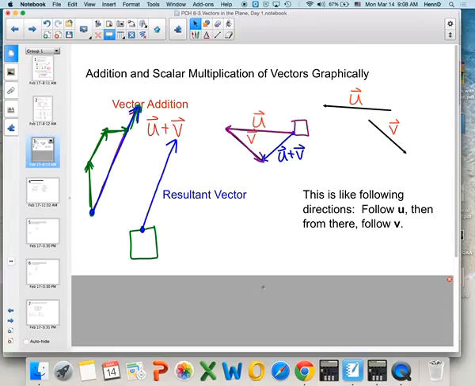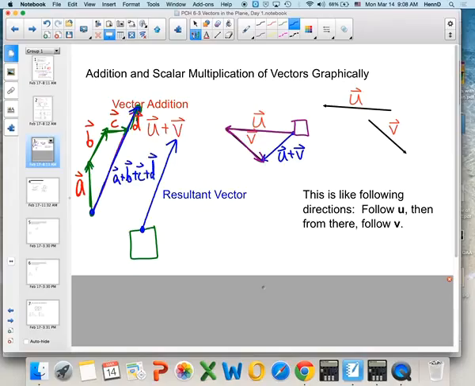So that's vector addition. When you're given two vectors, or more than two vectors, let's say we had, let's avoid u, here's vector A, vector B, vector C, and vector D. This whole result is A plus B plus C plus D. So, there you have it.